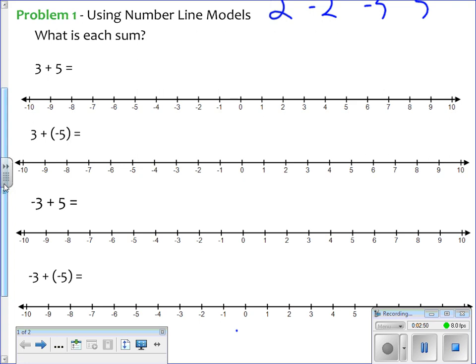So when you do this, first thing you do is plot the first number. Make a dot on 3. That's why I start. First number, I start at 3. What am I doing to 3 in that first one? Adding 5. Is it positive or negative? Positive. Which direction do I go for positive?